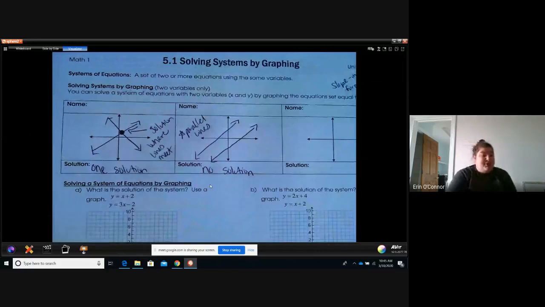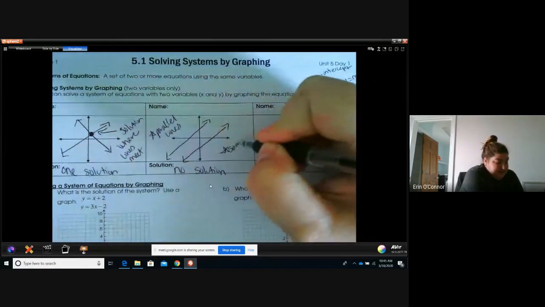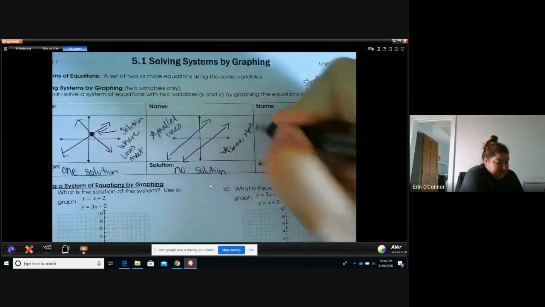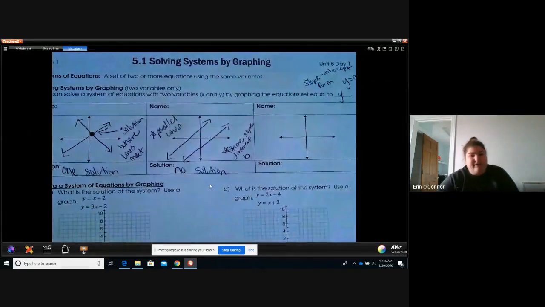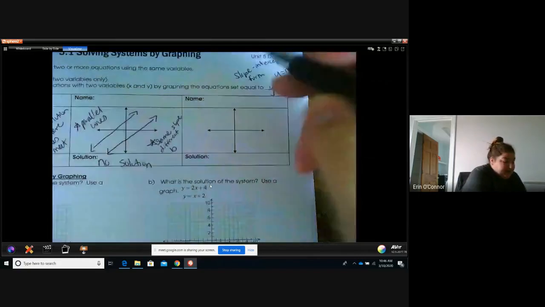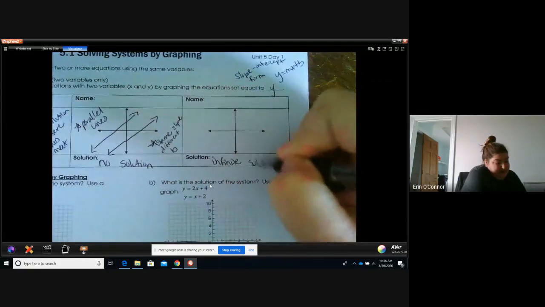And remember, there's two things about parallel lines. They have same slope, different y-intercepts. I'm going to put a different b up there so we remember y-intercept means b. And then the last one is when you can have infinite solutions. So all the points count.